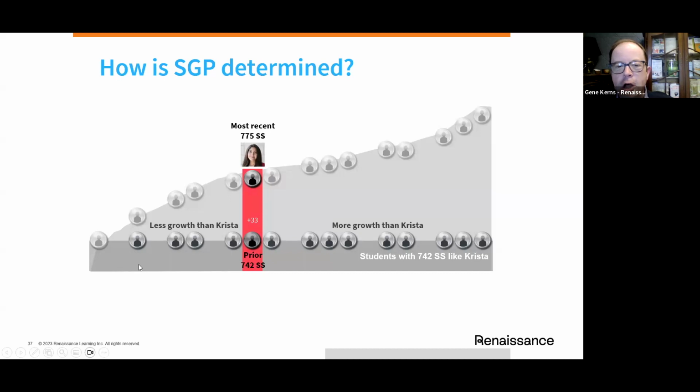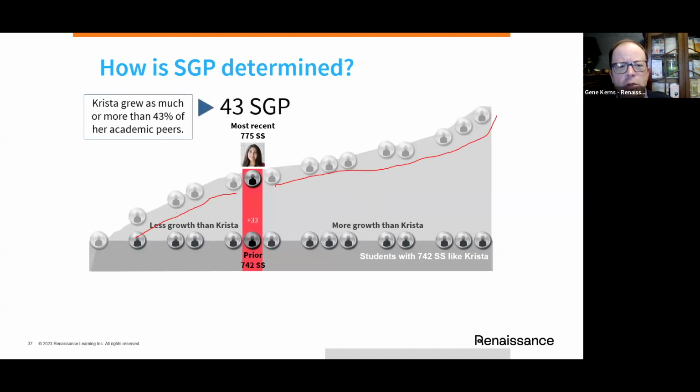Now I see all of the other kids, all of her peers, how they grew and how she grew. Again, I have some kids over here that did not grow as much as she did. I've got other kids over here that grew more than she did. And when we say, for example, now instead of saying a 42, we say, well, Krista's actually got a 43. That's her position within all of her peers and how they grew.